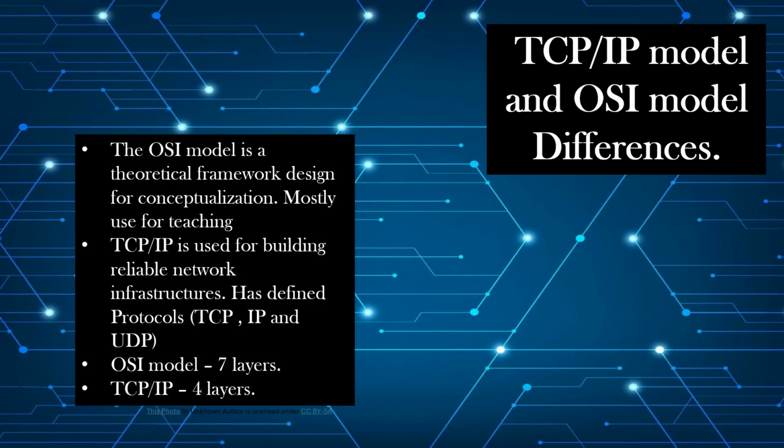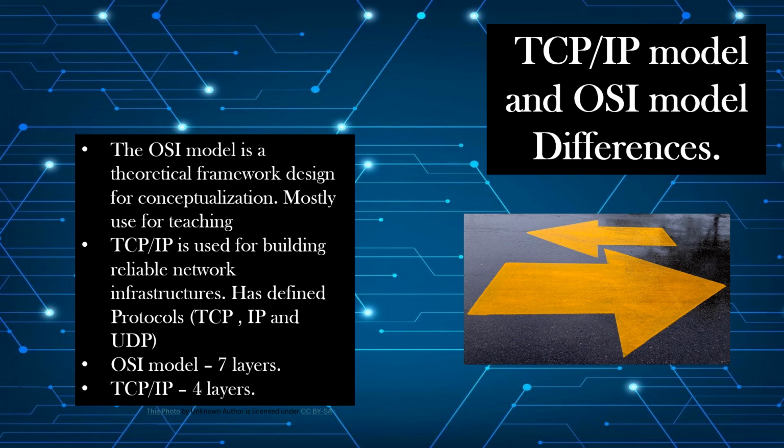What are the TCP/IP model and OSI model differences? The OSI model is a theoretical framework design meant for conceptualization. The TCP/IP model is generally used for analyzing and designing networks. The OSI model does not specify protocols, but provides a framework for understanding what networks need to operate.